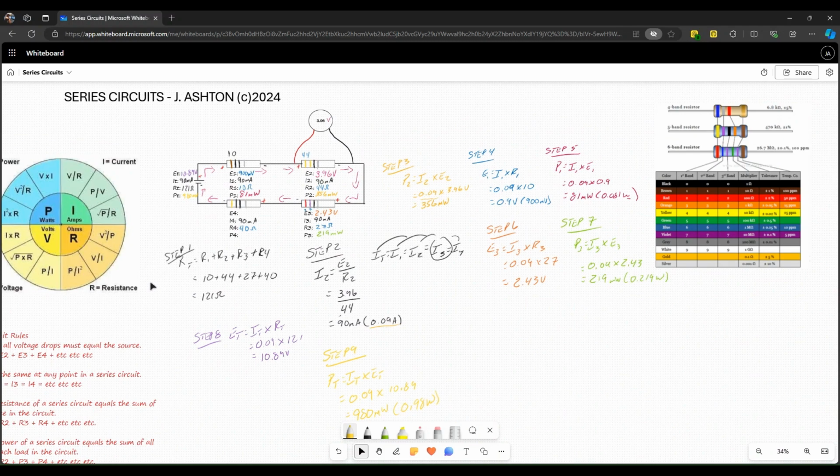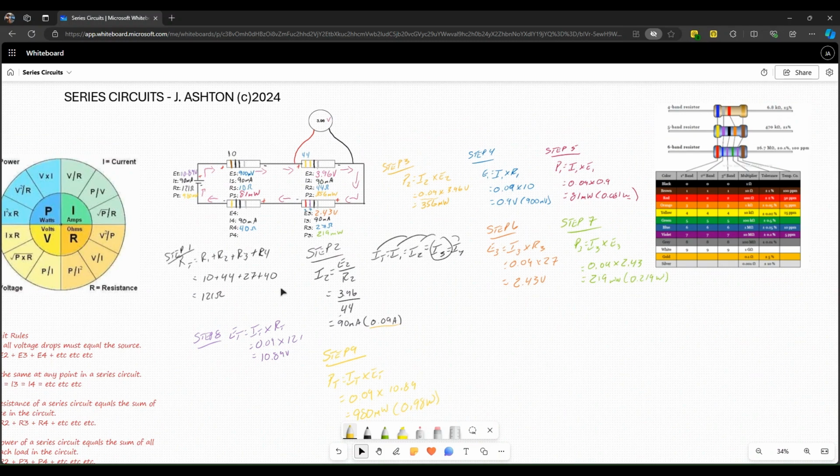If you wanted to try that just to see, it's 0.09 squared, which is basically 0.09 times 0.09. That answer times 121, you'll get the same thing, 980 milliwatts.